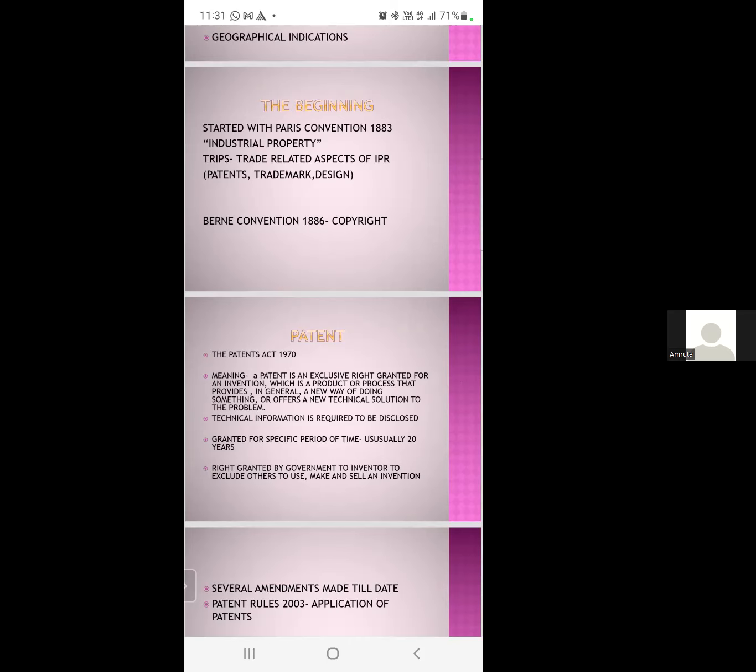Why is it so? Why is it given only for 20 years, for a limited period? Because even the government does not want the information, or whatever discoveries or inventions are made in the scientific field, to be restricted in perpetuity.